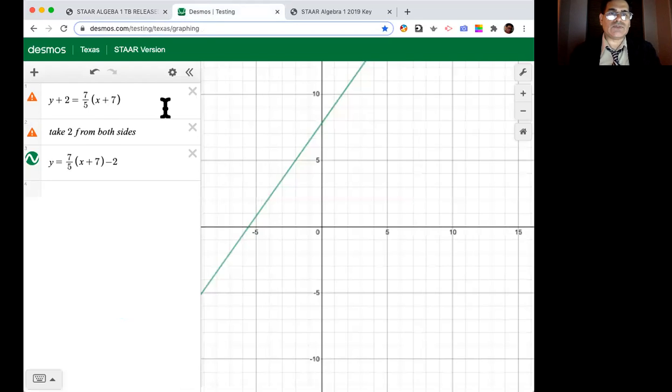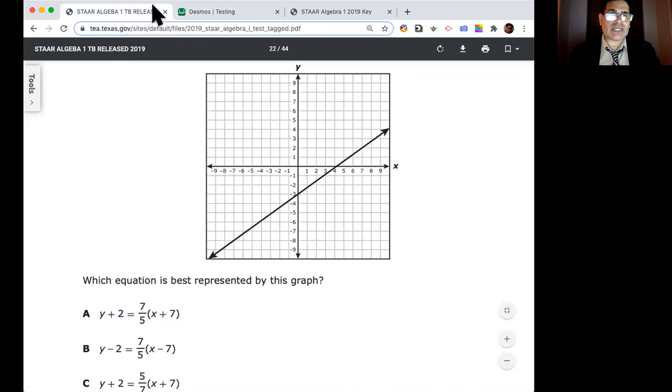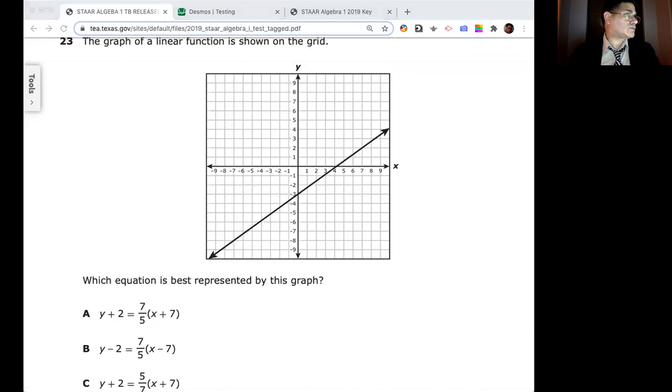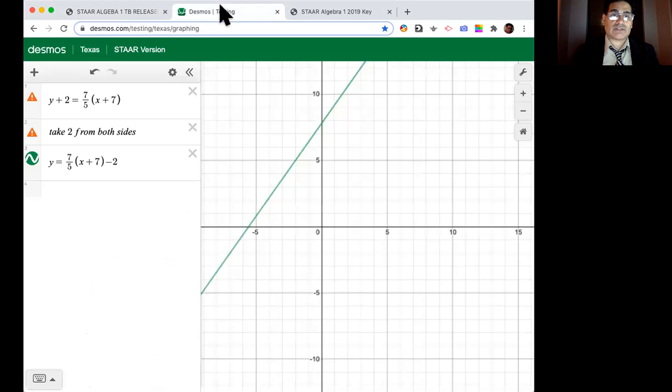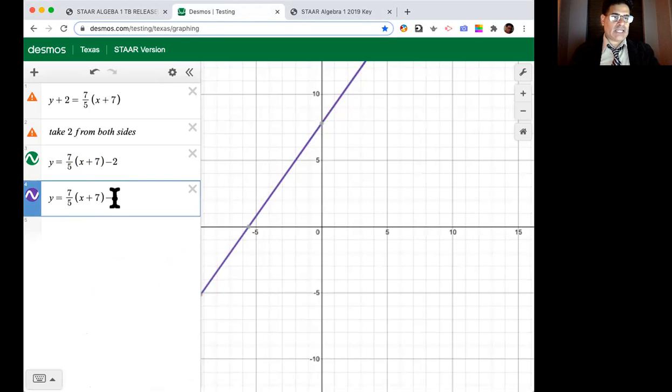So let's continue. The next one, let's see this. Minus 2, 7. Rewrite this. Same line, and the difference is it's a -2, so this becomes a +2 on this side.